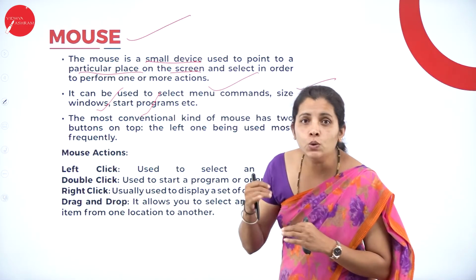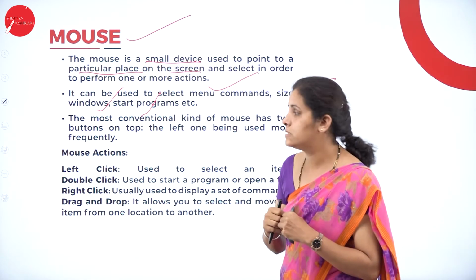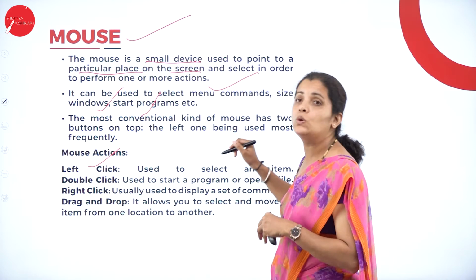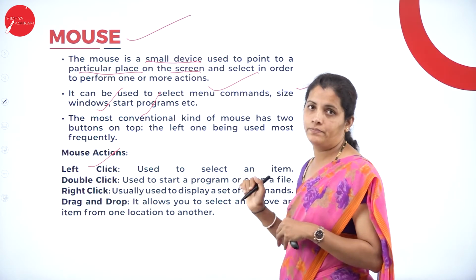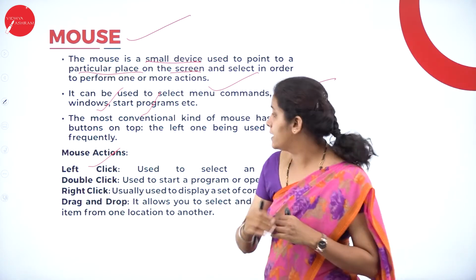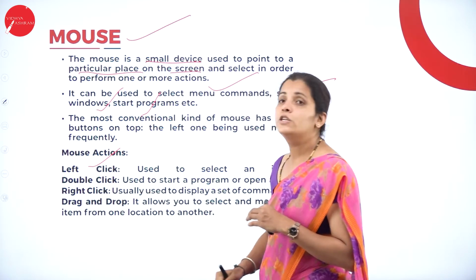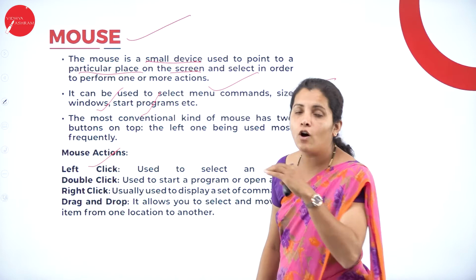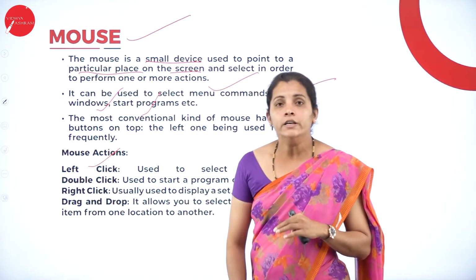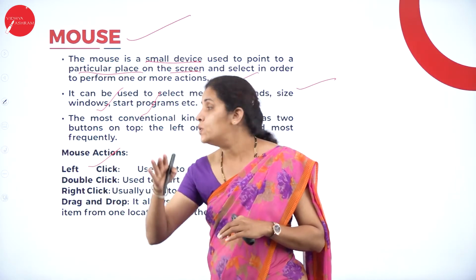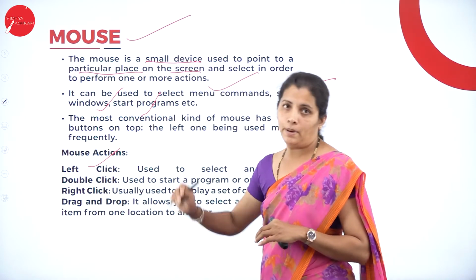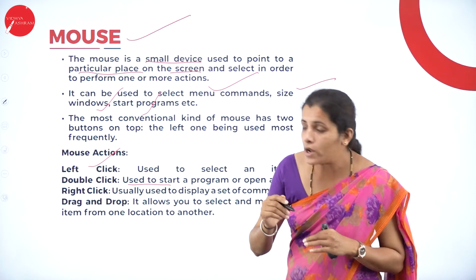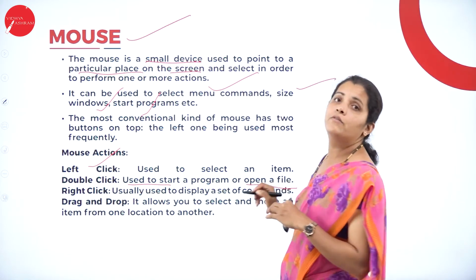Let's see the uses of those buttons. If you click the left button, it is used to select an item. If you double click the left button, it is used to start a program or open a file.